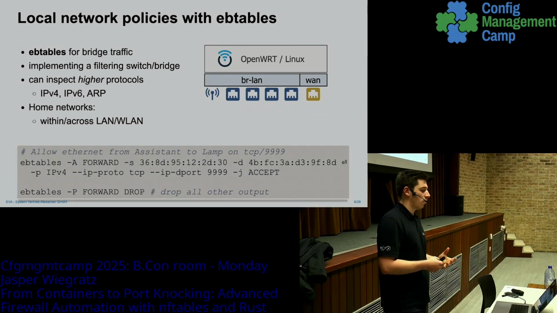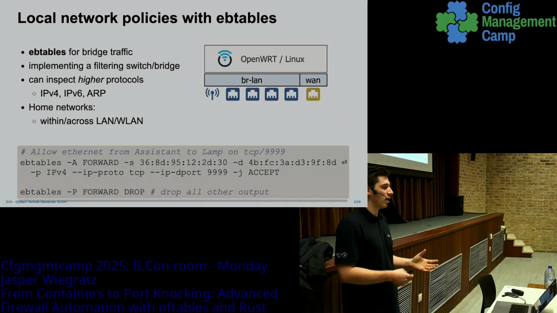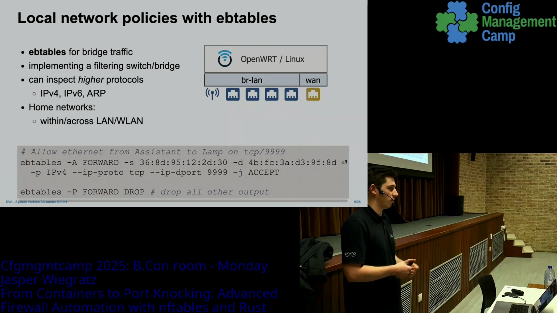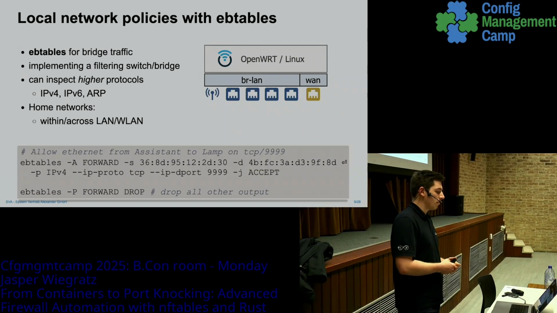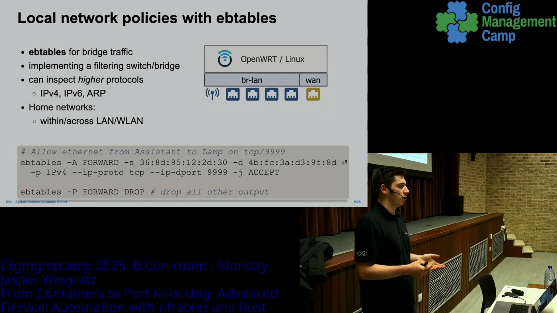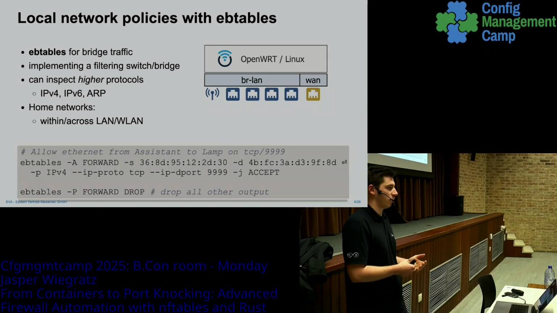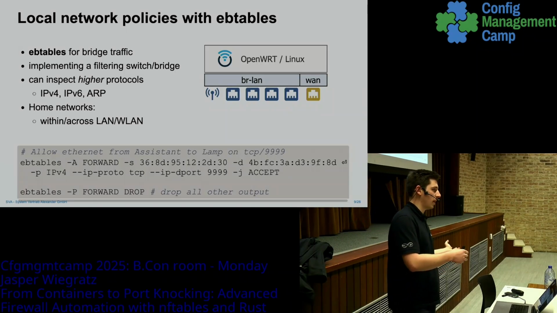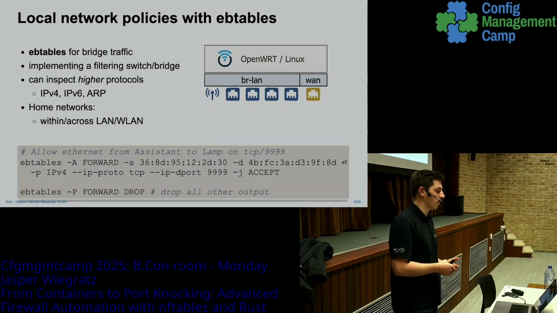In an OpenWRT home router, for example, you would typically have 4 LAN ports for the local wired network and then another WAN port for the internet access, and you have one or more wireless modems, so to create your Wi-Fi networks. The Wi-Fi and the LAN is typically in a bridge called br-lan, LAN bridge. And this bridge is configured to be a switch, basically. It will just get packets from the wireless to the LAN and vice versa, and between the LAN ports.